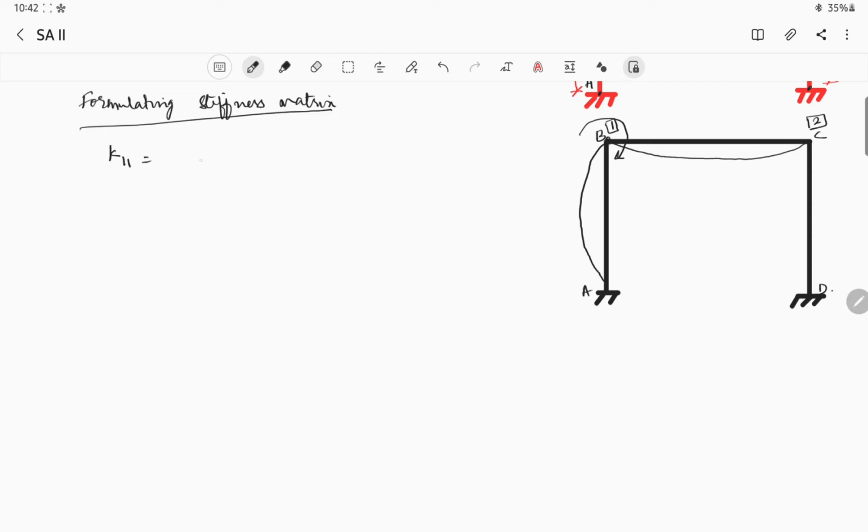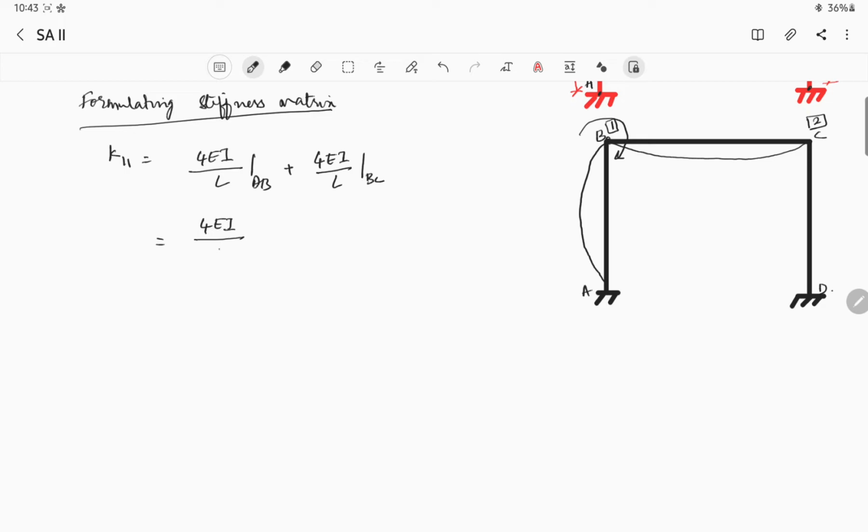It is 4EI by L for span AB plus 4EI by L for span BC. If you are rotating at node 1, the entire joint, both BA and BC, are getting deflected, isn't it? So we will be taking 4EI by L and 4EI by L. EI is constant throughout.